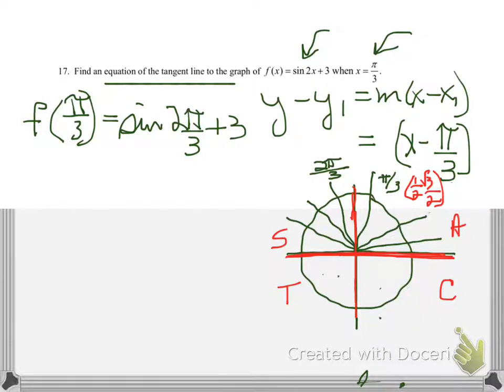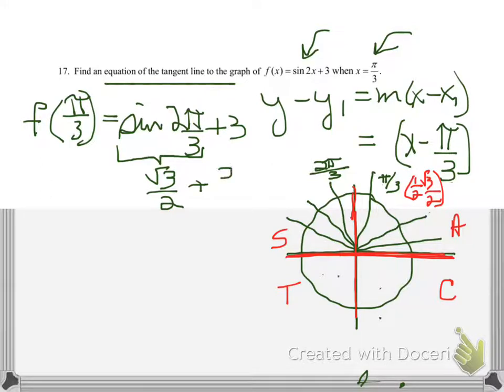So therefore, go to your reference angle, which is pi over 3, and you're going to grab the sine, which is going to be root 3 over 2, because the cosine is the x, the sine is the y. So since it's positive, I know that the sine of 2 pi over 3 is going to be root 3 over 2.